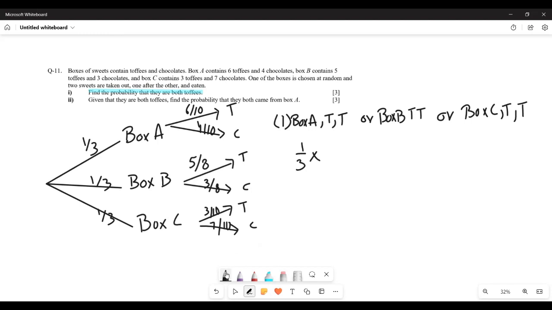What's the probability of getting a toffee the first time from box A? This is the probability 6/10. Now what's the probability that the second candy drawn from box A is also a toffee?